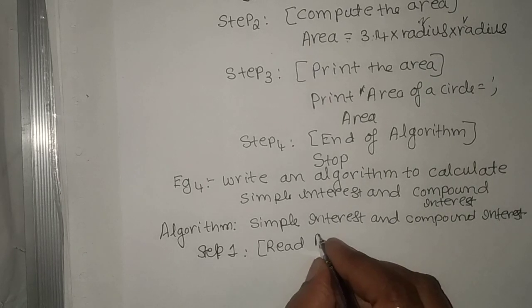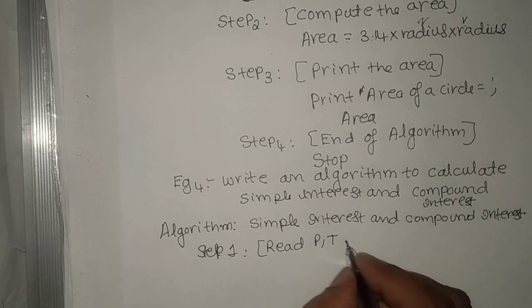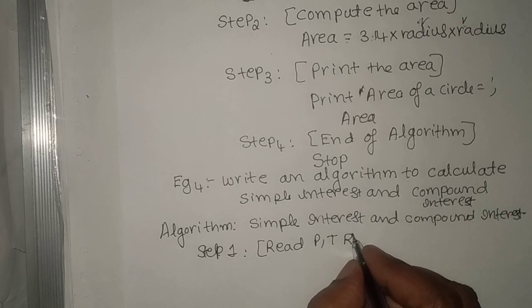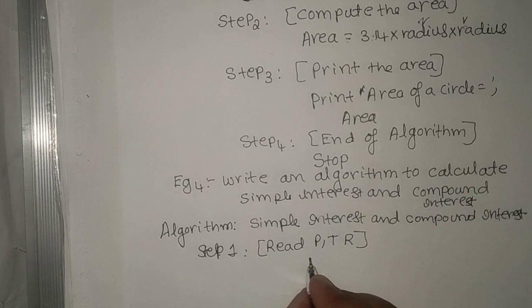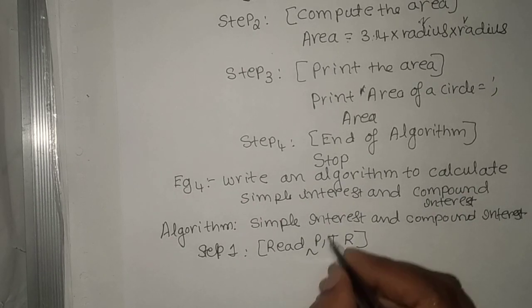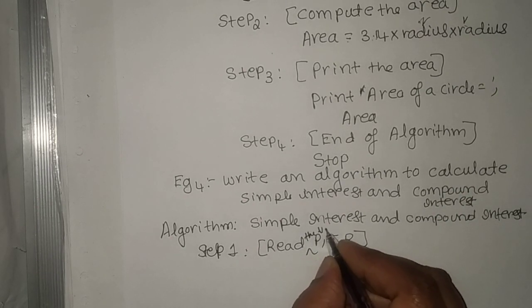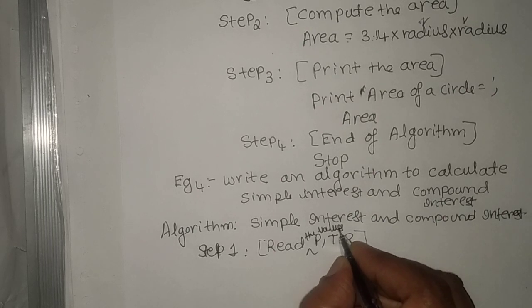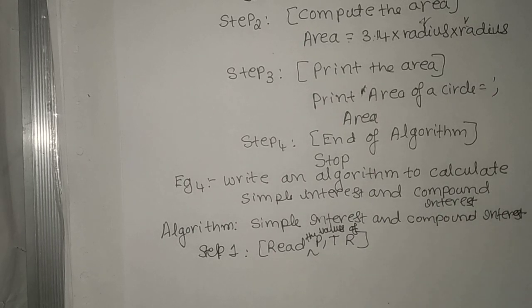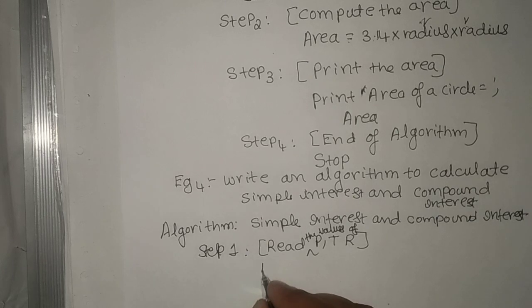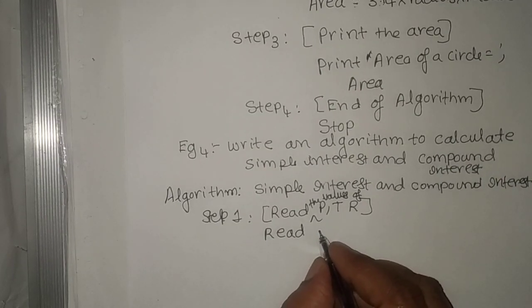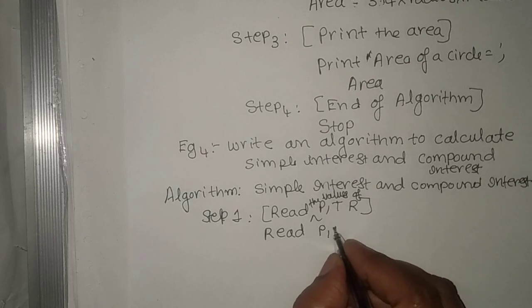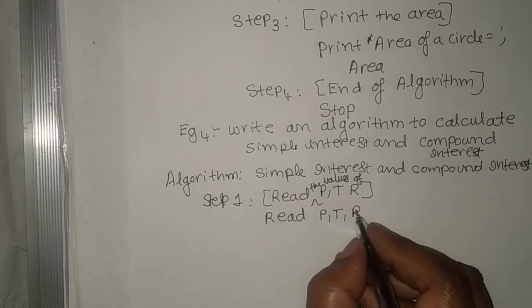So read principal, time and R. Then read the values of P, T, R. Next is the read statement: P, T and R.